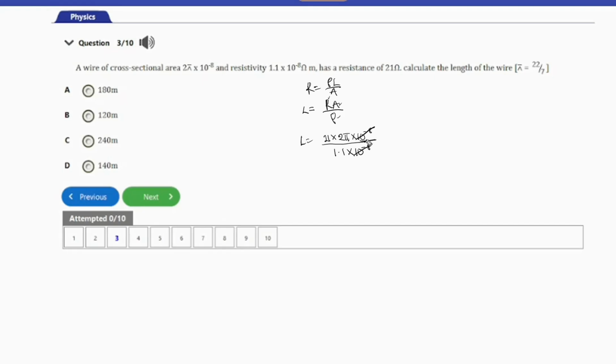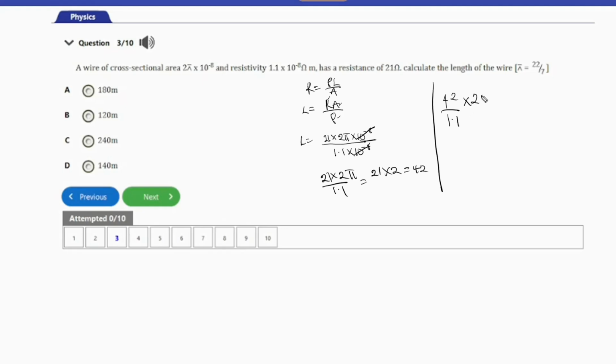So here 10 to the power of negative 8 will actually cancel out 10 to the power of negative 8 here. So what we'll have left here is 21 times 2 pi over 1.1. But let's recall that pi is 22 over 7. So let's say 21 times 2 is actually 42. So we have 42 times 22 over 1.1 times 7.